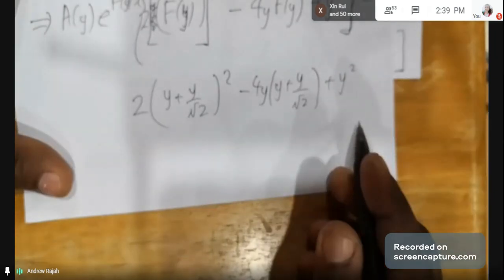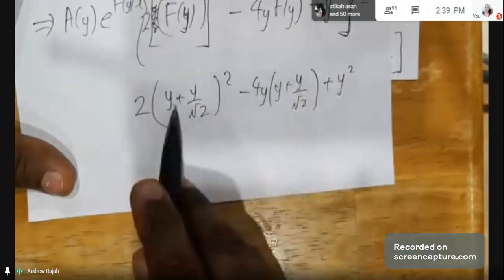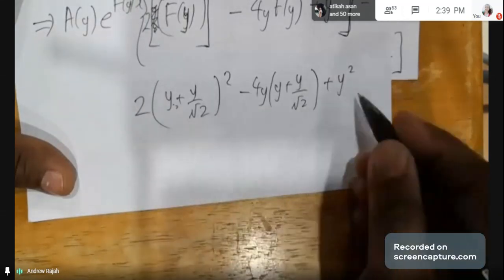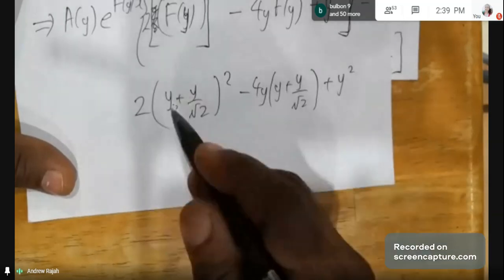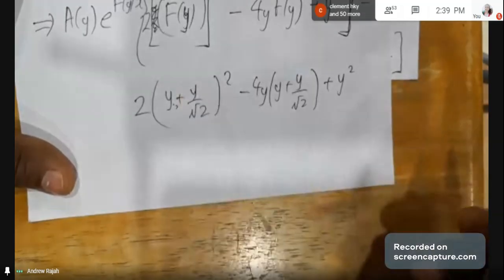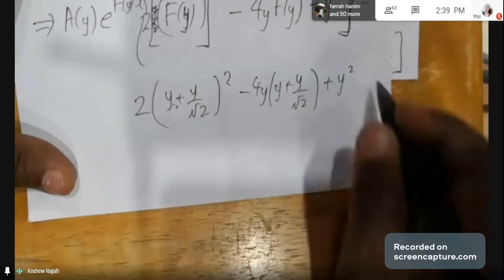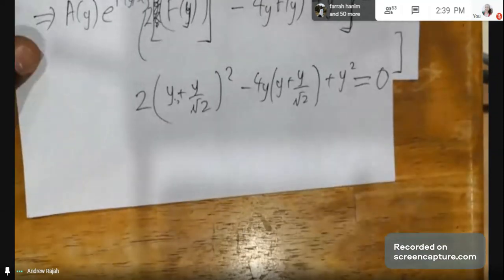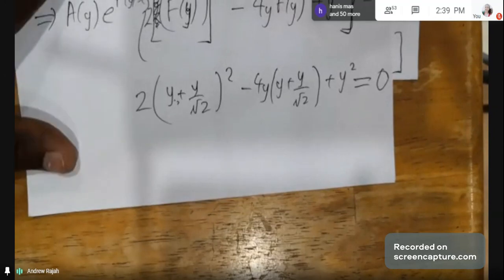What do you think you're going to get? These are the roots of this quadratic, so you're guaranteed to get 0. So this satisfies the equation if you choose A(y).